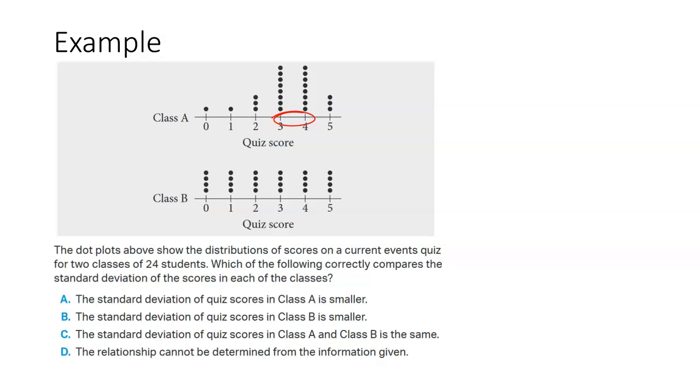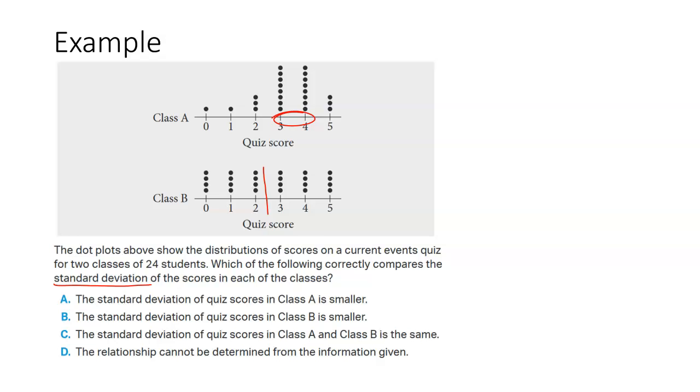What about for class B? It's right there in the middle. It's evenly distributed throughout the whole thing, okay? So when you're looking at class A, and we're trying to determine which of these statements is true about the standard deviation, our options are that class A has a smaller standard deviation, class B has a smaller standard deviation, or that the standard deviation is the same.